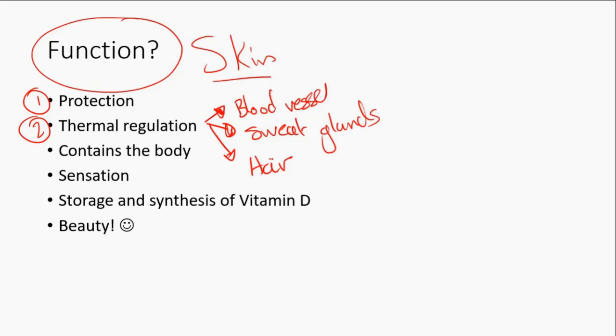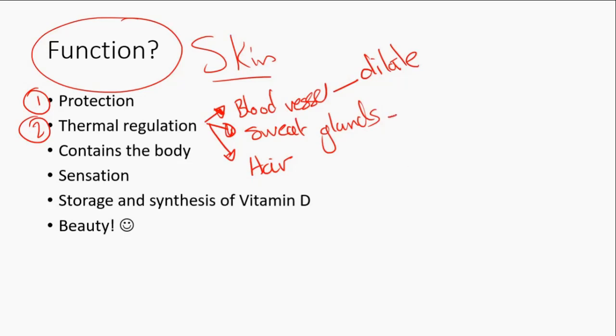So if you're really hot, then what happens is that your blood vessels will actually dilate. Okay, so it will bring a lot more blood to your skin surface, and that in turn, what it does is that it releases the heat that's inside the blood out of the body.